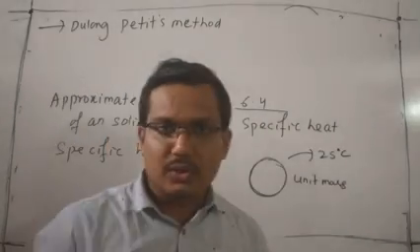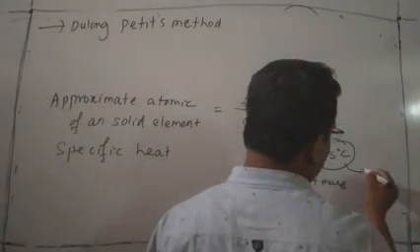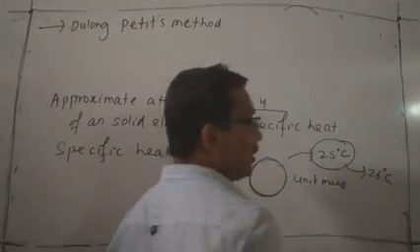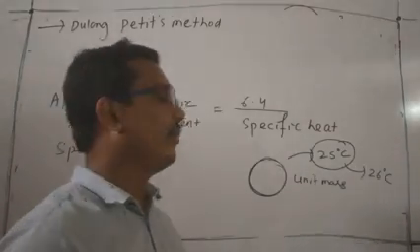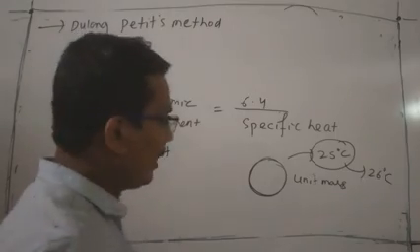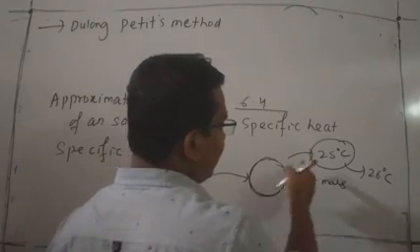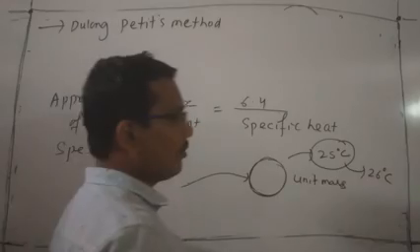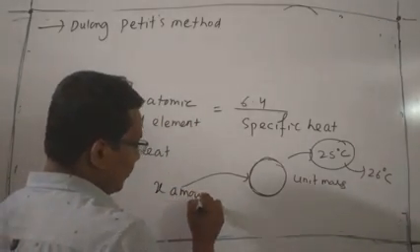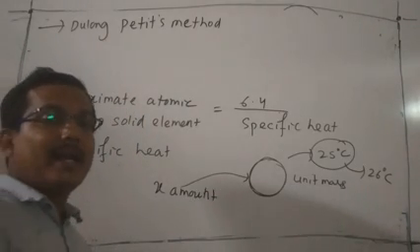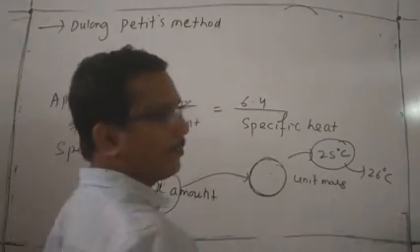If I want to raise it from 25 to 26 degrees centigrade, I supply some amount of energy from outside, and the temperature of the body increases. Suppose X amount of heat is supplied by me.